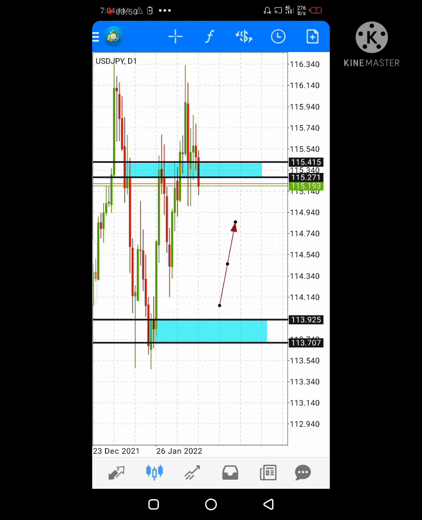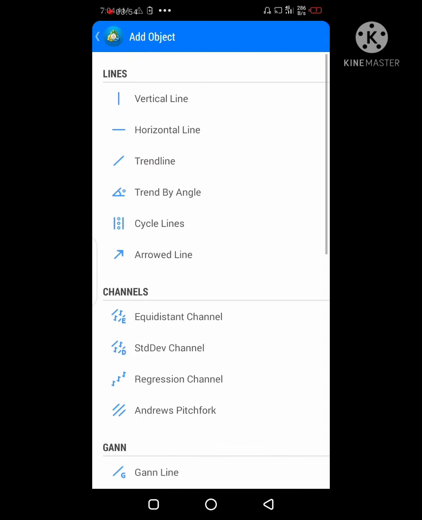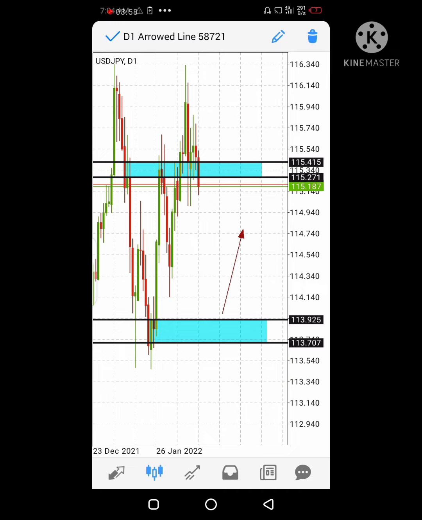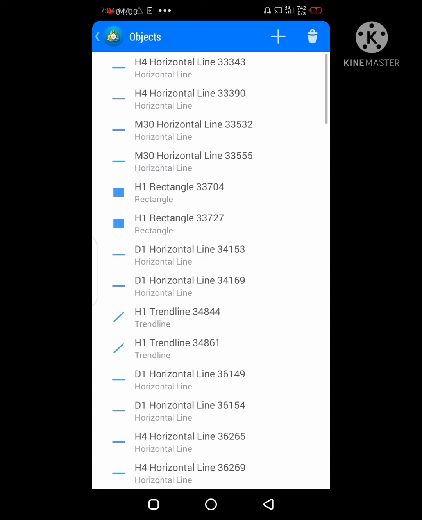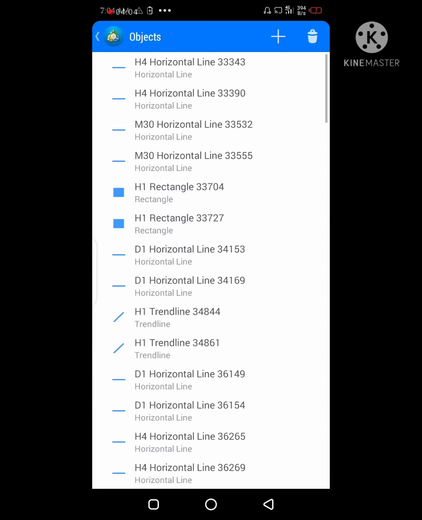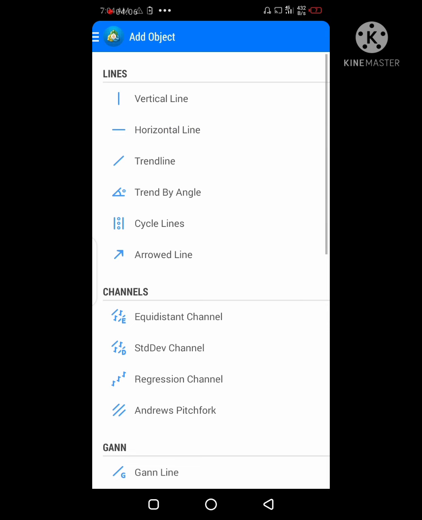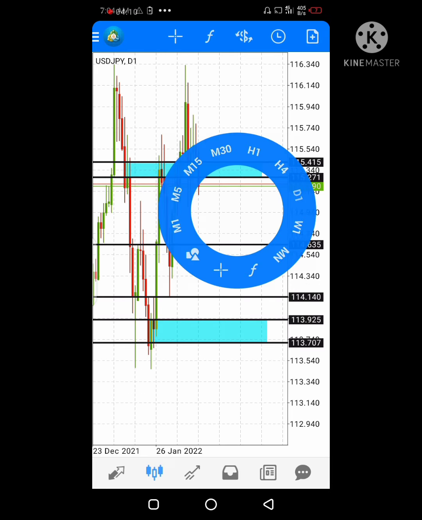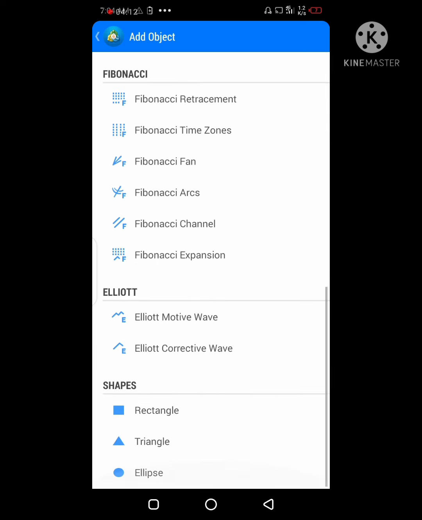So we're still going to take that in mind. And there is also an engulfing, so probably price might push up at this region here. At this particular region, price might also push up. So take note of that also.